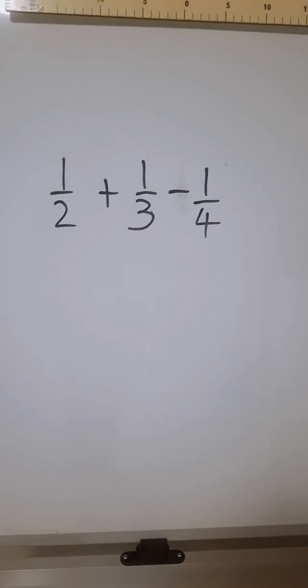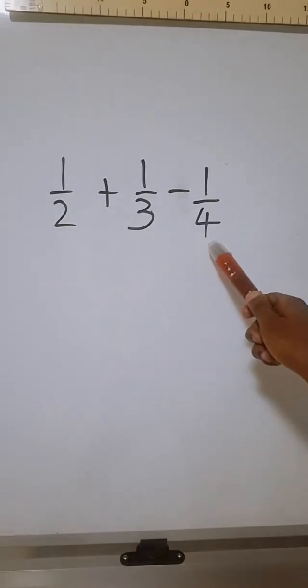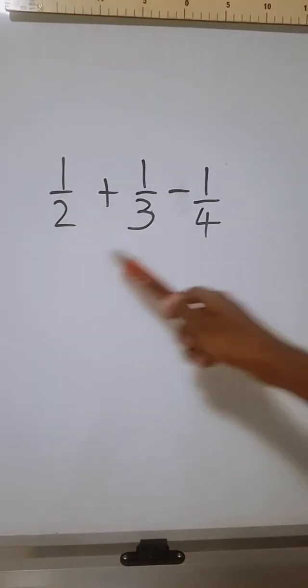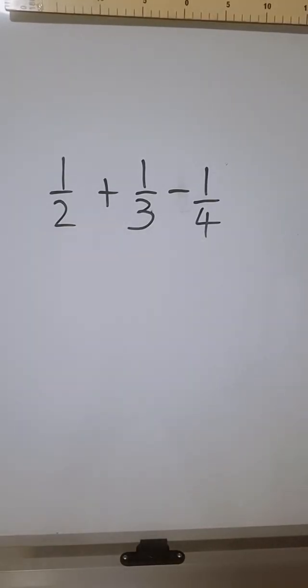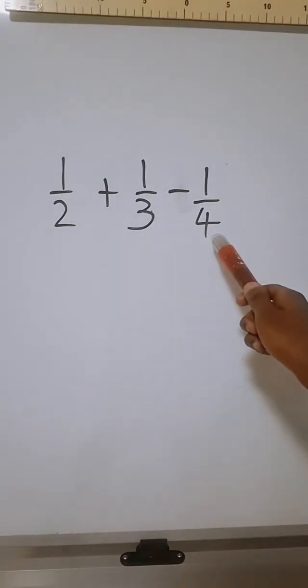Okay, very good. Akama says we need to first find the LCD. Guys, very important. The thing is, 2, 3, and 4 have different denominators. You cannot add fractions until your denominators are the same.